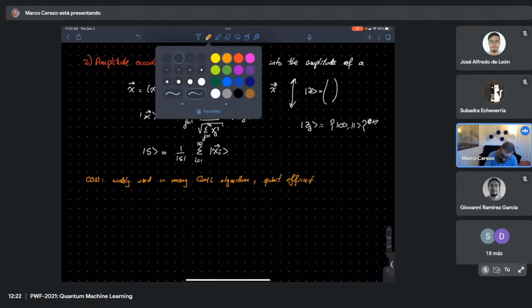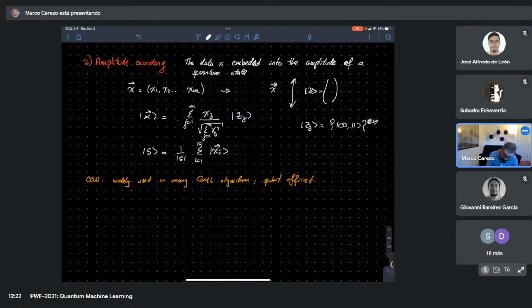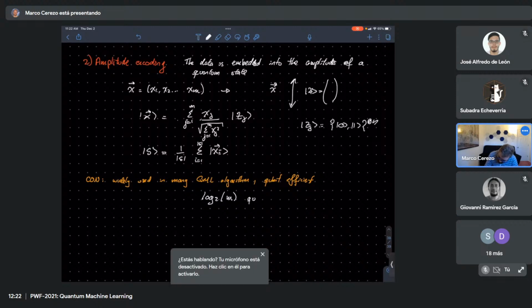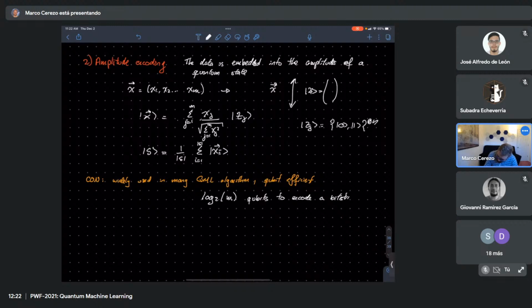Because if we have a bit string of length m, then we just require log2 m qubits to encode a bit string of length m. Right? Is it obvious why we need this many qubits?